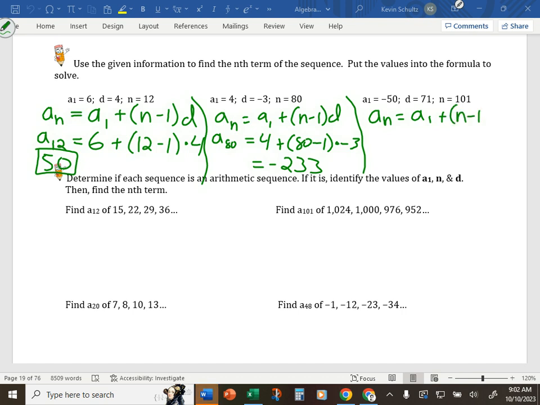A101. You're finding the 101st term of a sequence that starts at negative 50, and it has a pattern of adding 71.